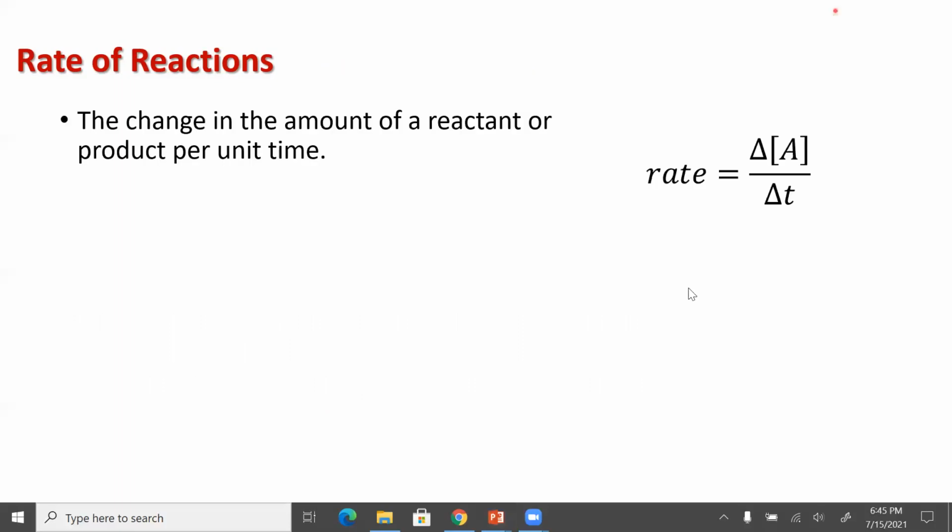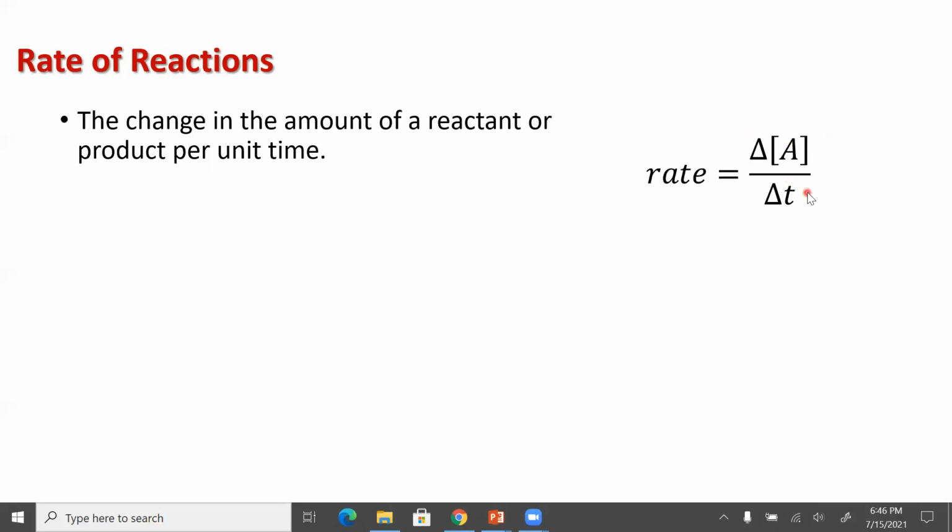When we talk about a rate, it is a change in something per unit time. When we look at rates, a rate is the change in concentration. These brackets here mean concentration. A is just a generic reactant. So the change in the concentration of a reactant over the change in time.